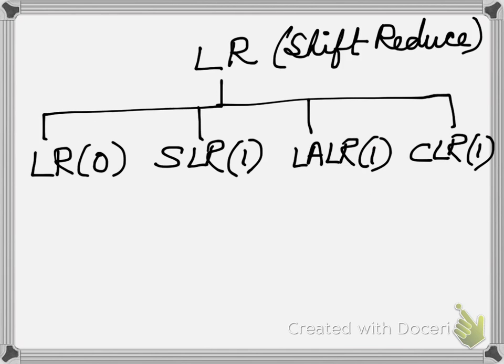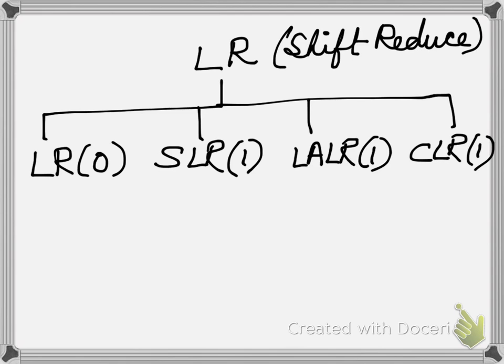Now there are different types of LR parsers. LR parsers, we have seen, are also known as shift reduce parsing. There are four types of LR parsers: LR0, SLR or simple LR, LALR and CLR.